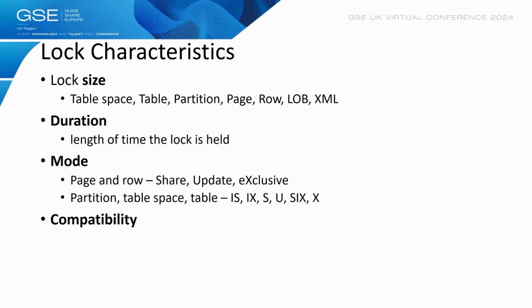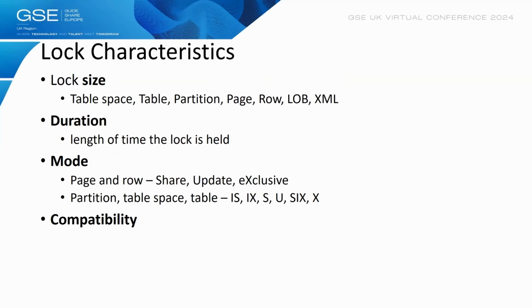And locks have some characteristics, like lock size, is it on the page or the table space level and so on. It has a duration. It means for how long the lock is being held. The mode, which can be share, update, exclusive, and those lock types for partition, table space, and tables.